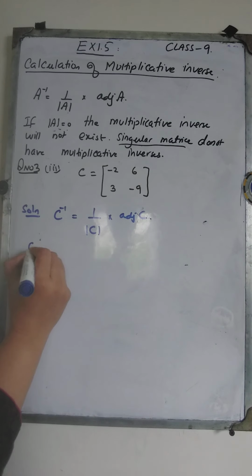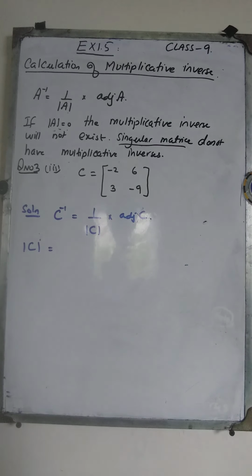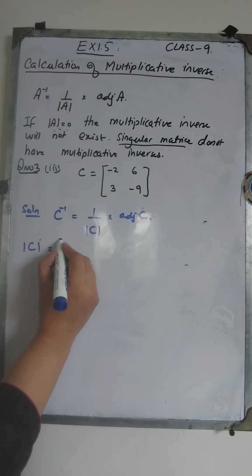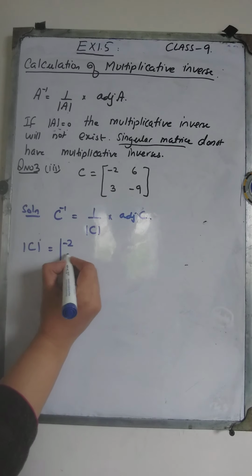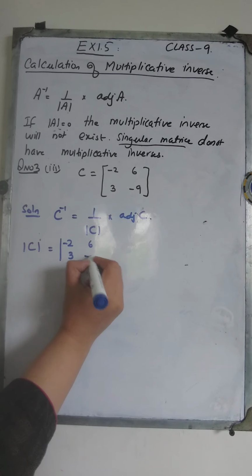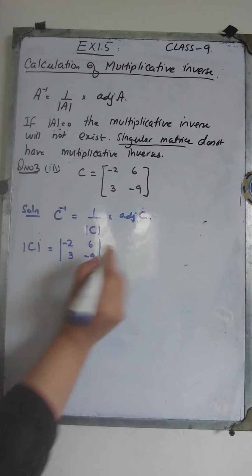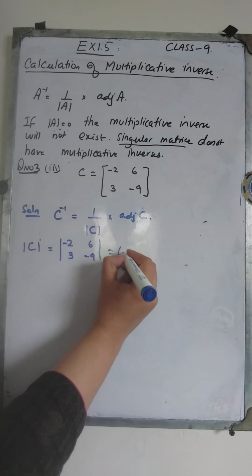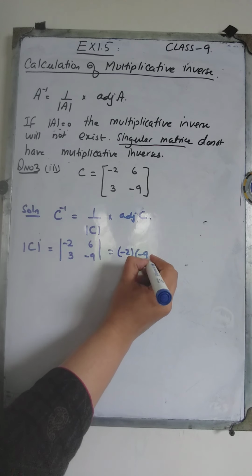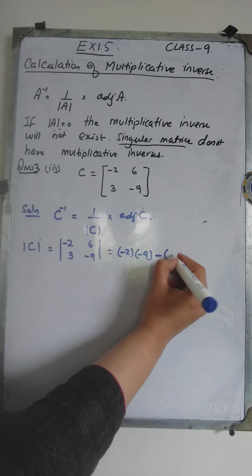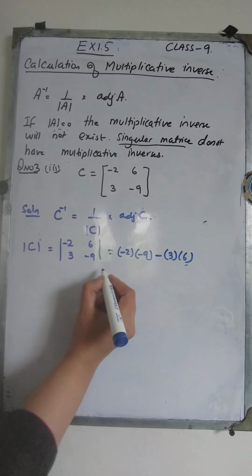Now let's start with the determinant, always, to check whether the inverse exists or not. To find the multiplicative inverse, we need to find the determinant first. This will be negative 2 into negative 9 minus 3 into 6.